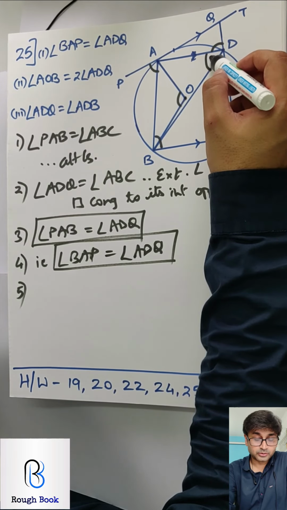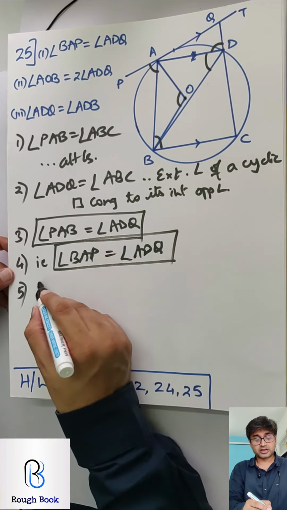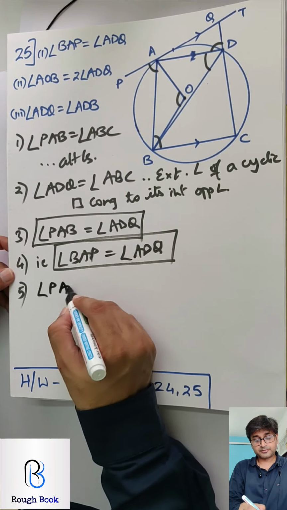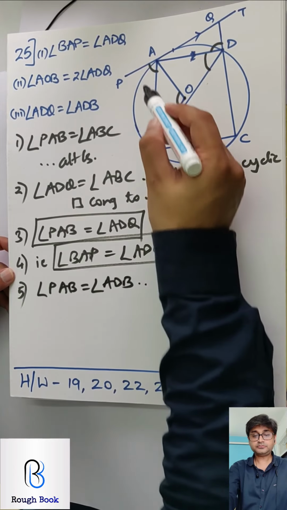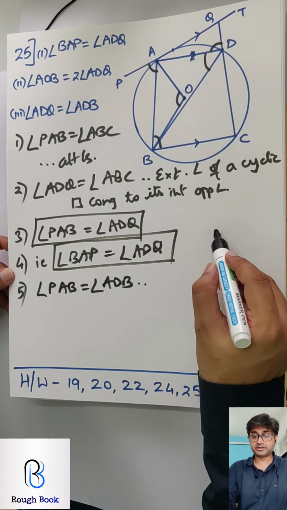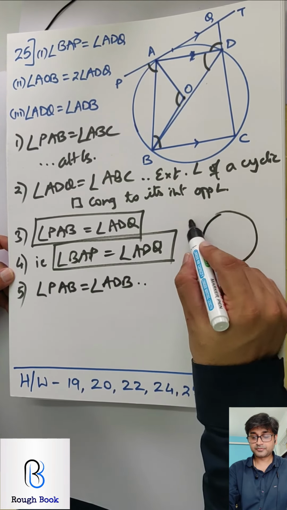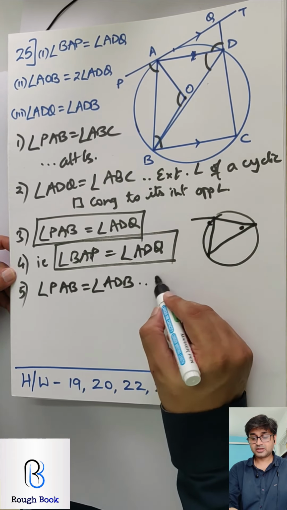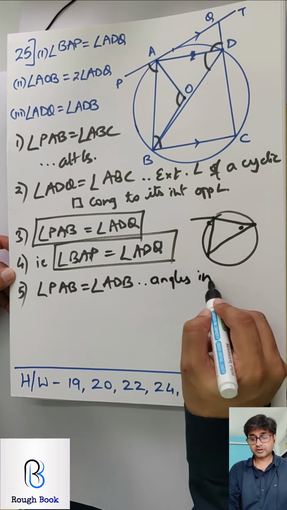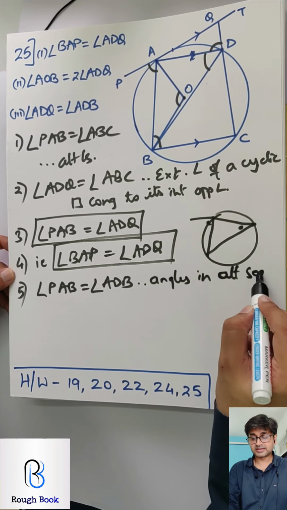How to prove these two equal? So again pay attention, there is a lovely connection. I will say PAB, the trump we are using now, ADB. PAB, ADB, can you tell me why? See, PAB, ADB, mountain valley, so angles in alternate segments.